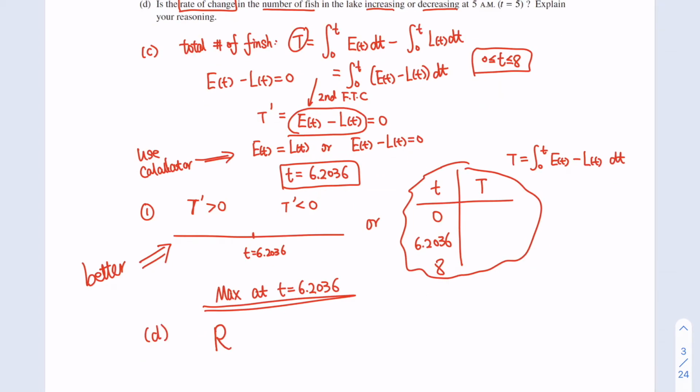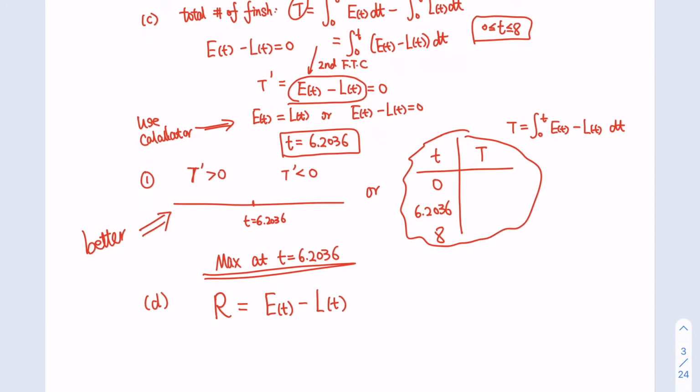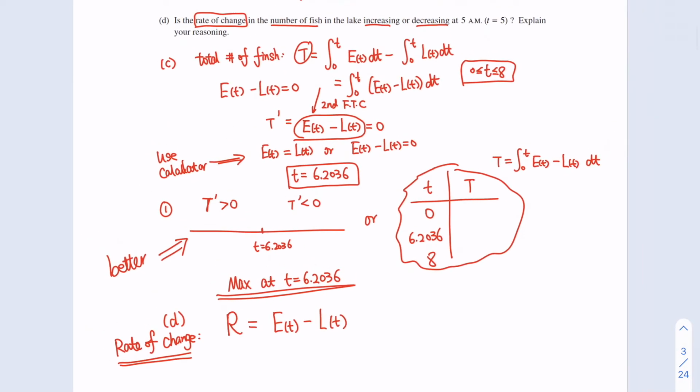So the rate of change in the number of fish will be given by the rate entering the lake minus the rate leaving the lake. So this is our rate of change function. How are we going to see if it's increasing or decreasing? We just need to take the derivative. R prime equals E prime minus R prime at t.